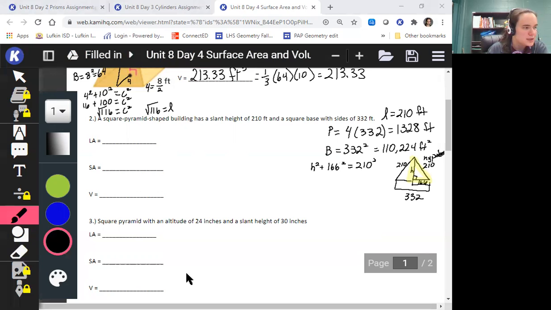So 166 squared is 27,556. And 210 squared is 44,100. And then we're going to subtract 27,556 from both sides.